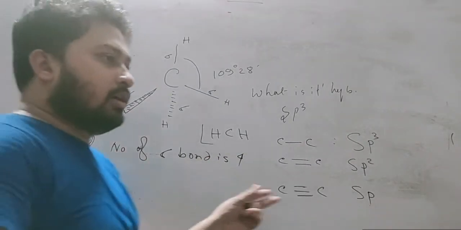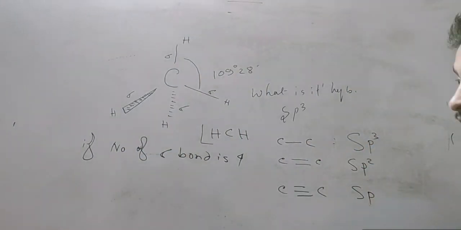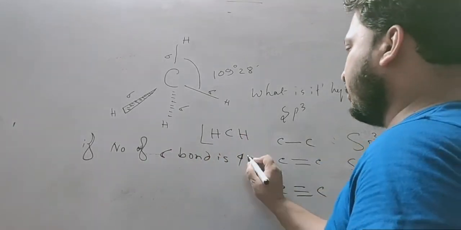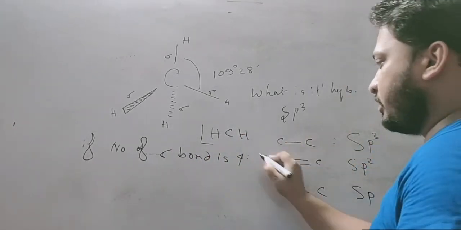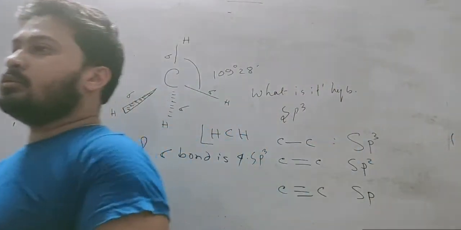What is the compound? The compound is methane. If the number of sigma bonds is 4, then the hybridization will be sp3. This is also another method.